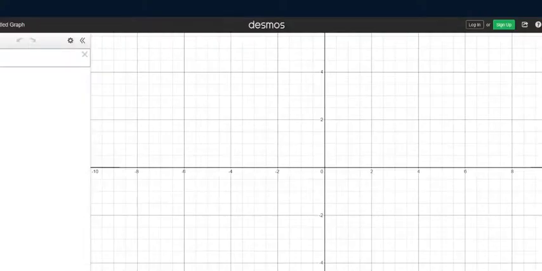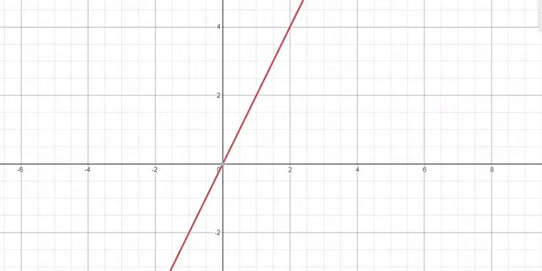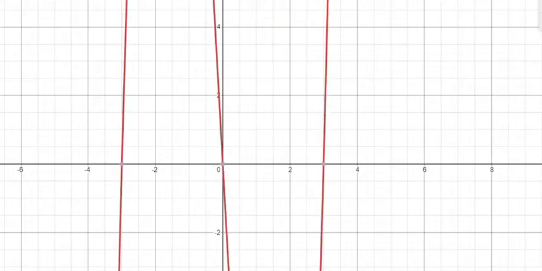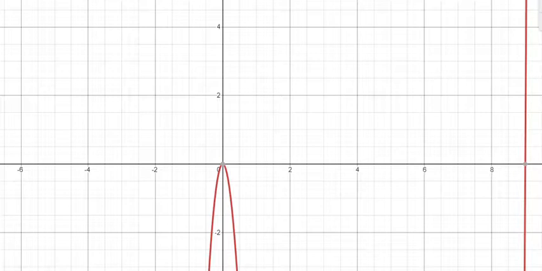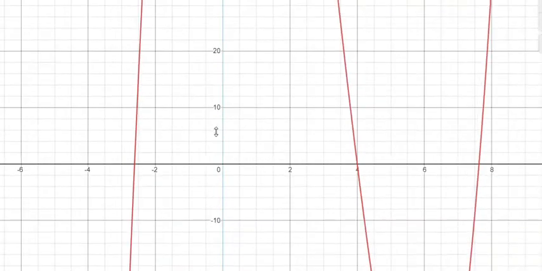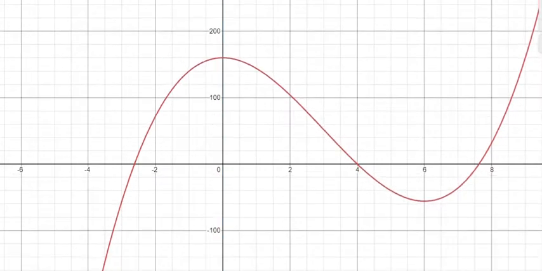All right, I'm going to type in the function 2x cubed minus 18x squared plus 160. And it's huge, so I'm going to adjust my axes here a bit. There we go. There's a little bit better window that I can actually see.